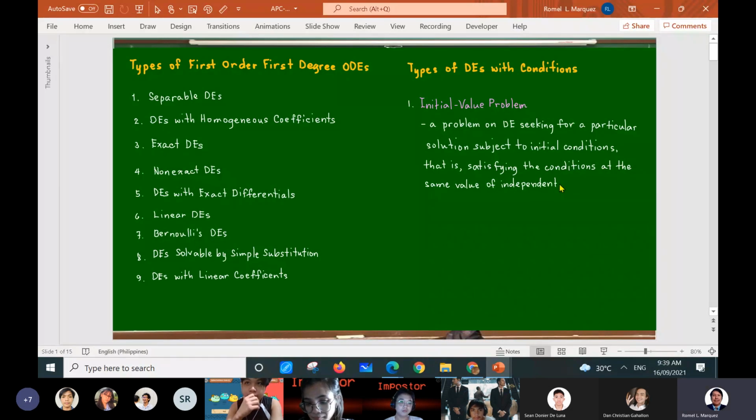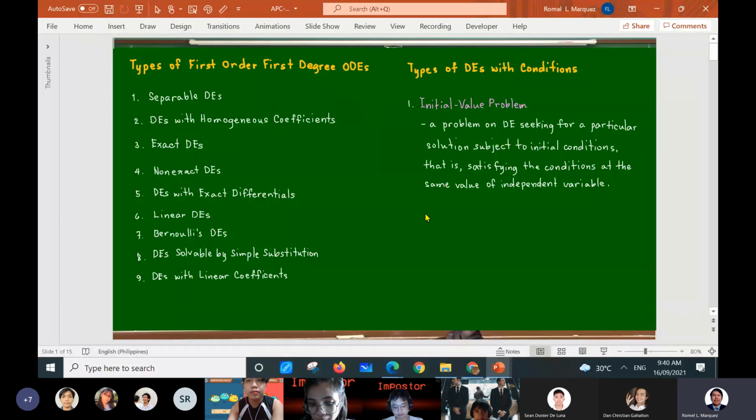Normally at 0, but not all the time, of course. It can be at any number. You can start with any number, and for the second condition, that same number, no? For the value of the independent variable.